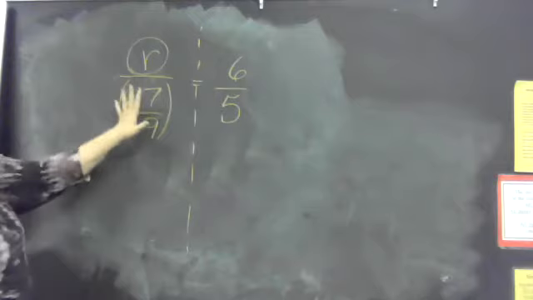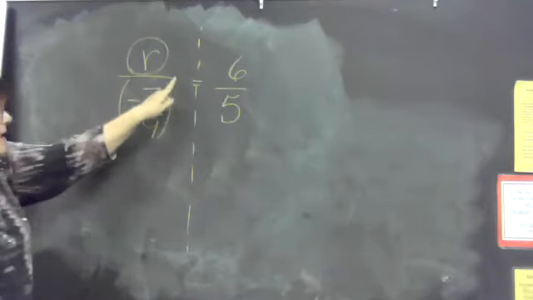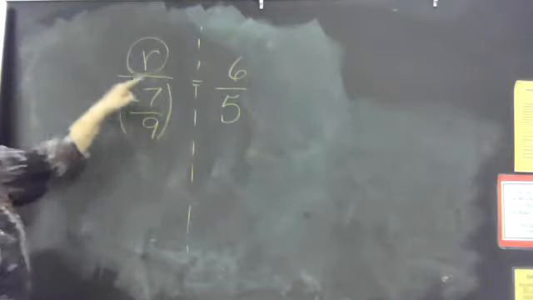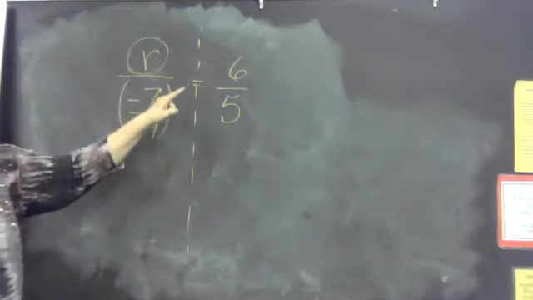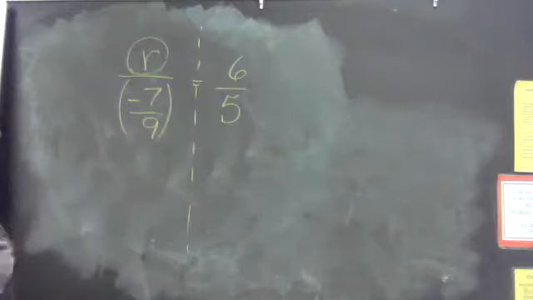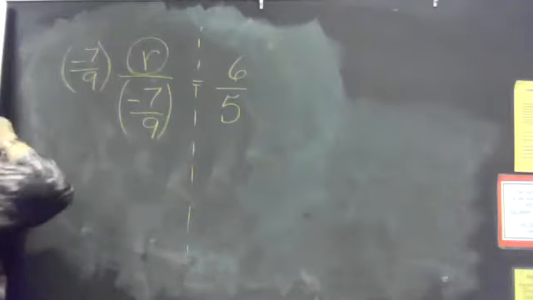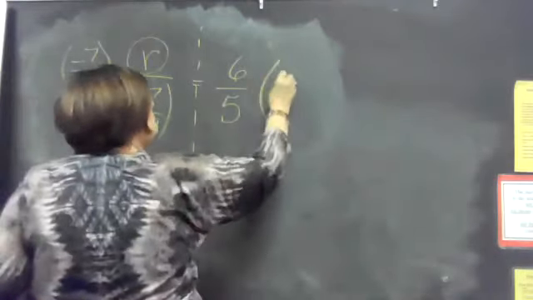So right now there is a divide by this fraction. How do I get rid of a divide? I multiply, right? So I'm going to multiply this side times negative 7/9, and I'm going to multiply this side.